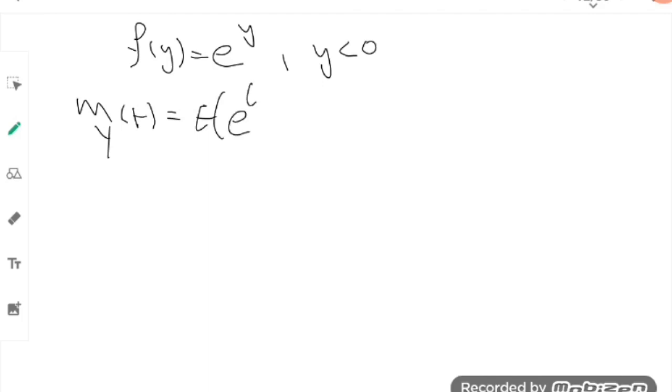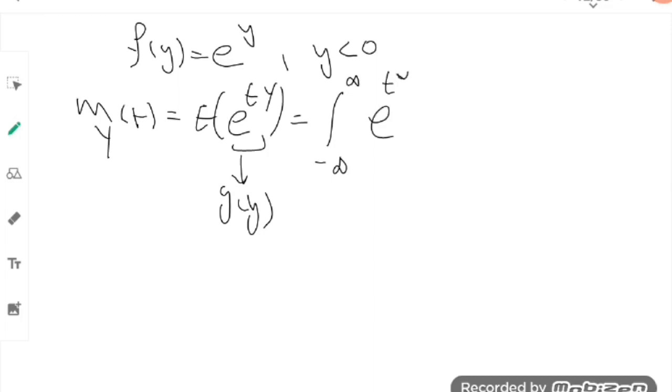Again, this is g of y. Then this expectation is given by the integral from negative infinity to infinity of this function times the PDF dy, and then we substitute the limits over which the PDF is defined, which is from negative infinity to 0, as shown here from the support.